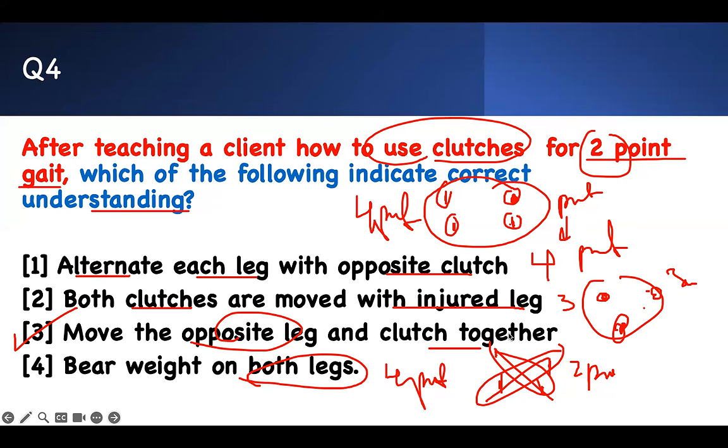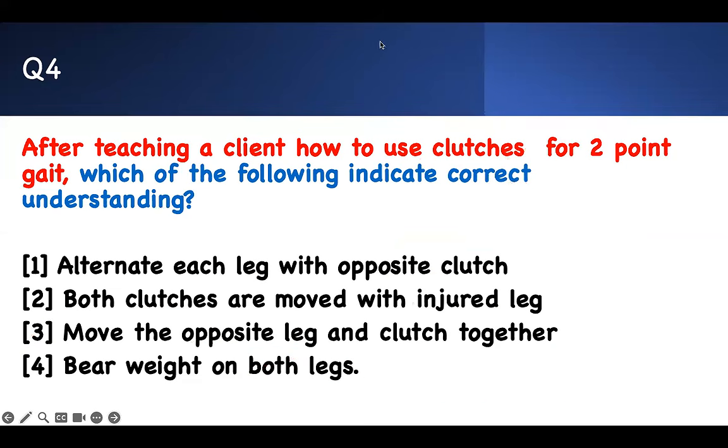You move the right arm and the left leg, then the left arm and the right leg. You alternate it like that, so it's opposite leg to opposite arm. So that's 2 points. That's number 3.